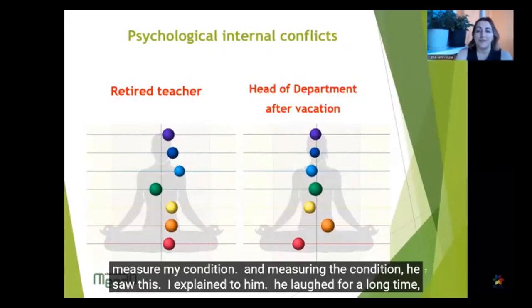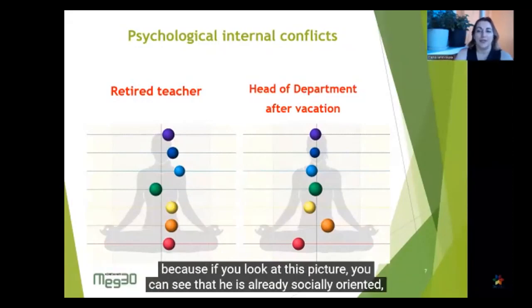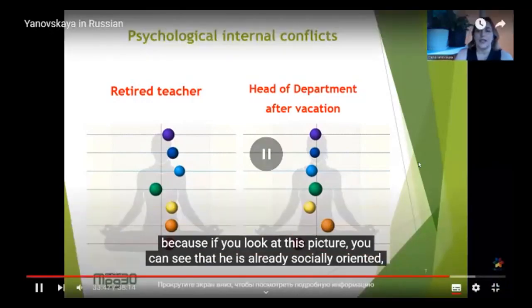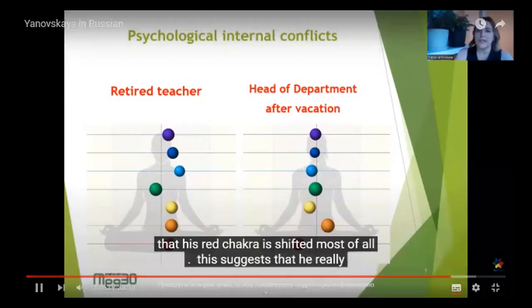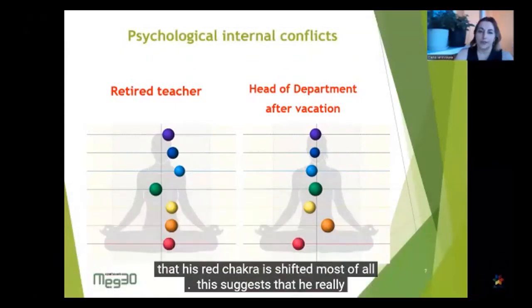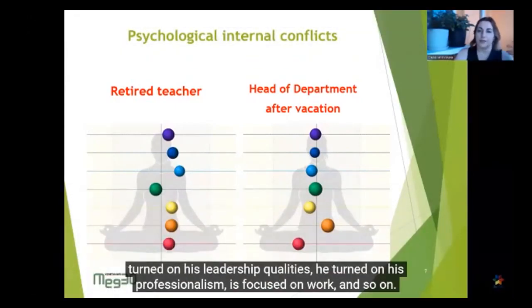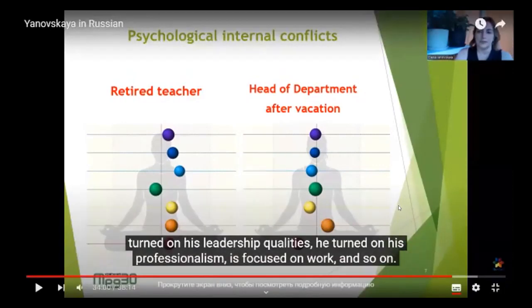And I explained to him, and he laughed a lot about it, because if you look at this picture, you can see that he is already socially oriented. You see most of the chakras deviate to the left side, and the left red chakra is shifted most of all. He has already turned on his leadership qualities. He turned on his professionalism as a top manager.